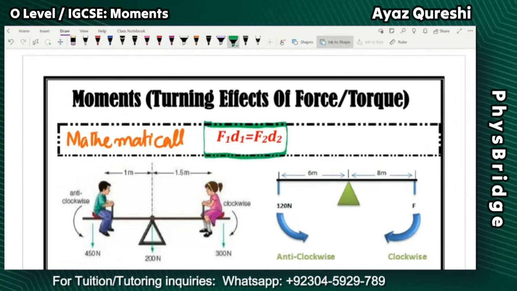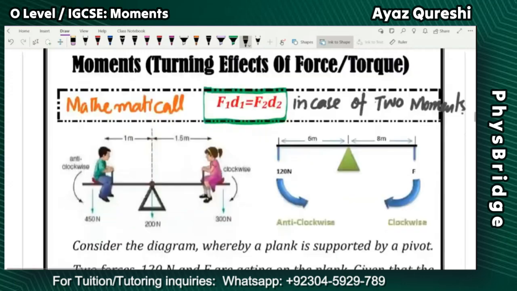This is the simplest equation, in the case of two moments, but it can be extended. Let's go for two moments first, then we will come to the third.